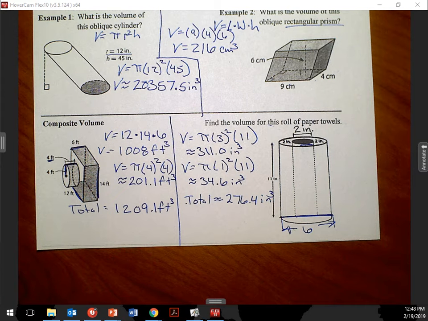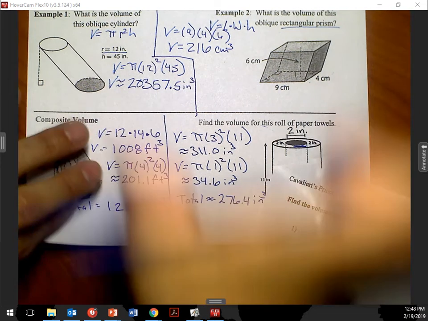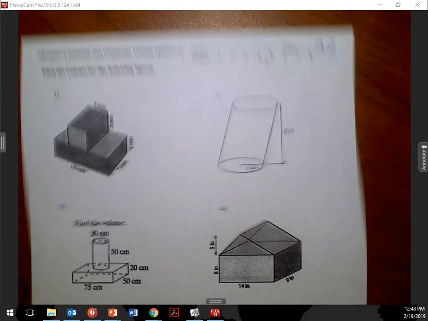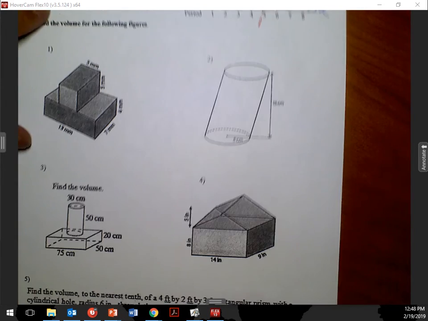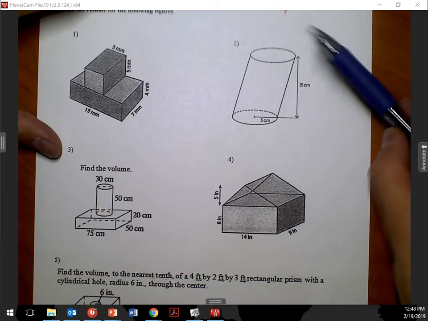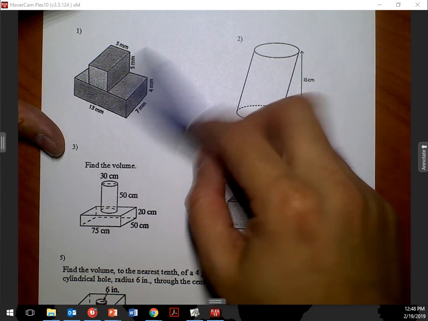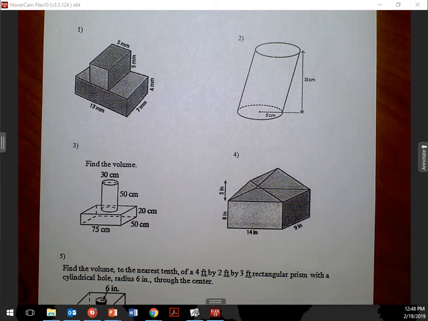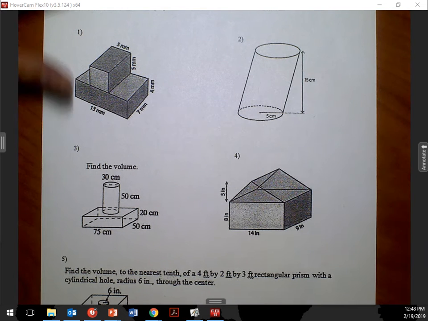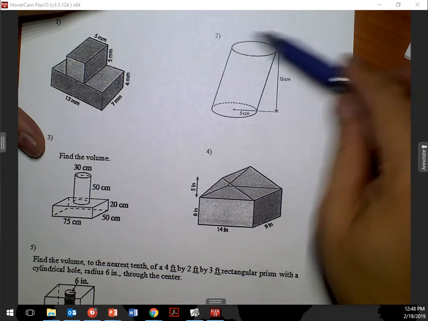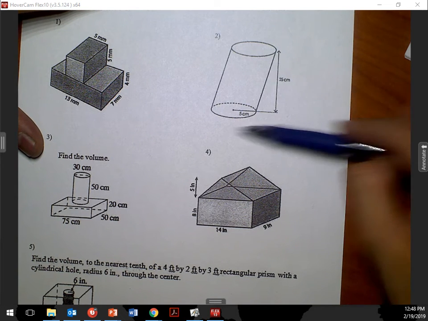Okay, so let's take a look real quick at the practice for today. Number one, what do we got? We got a rectangular prism and another rectangular prism. What would I do? Add or subtract? Add. What about this thing? That one's just a regular cylinder.